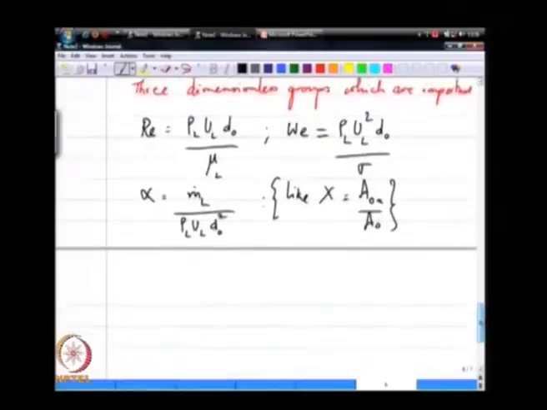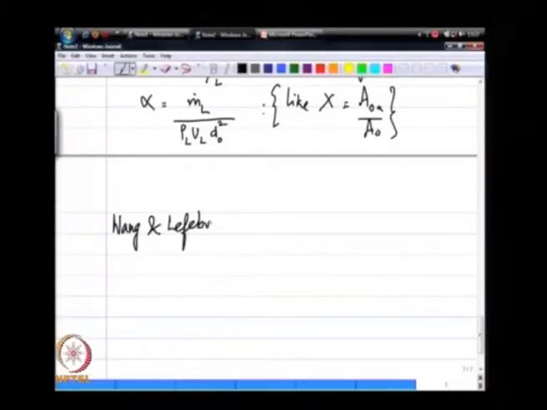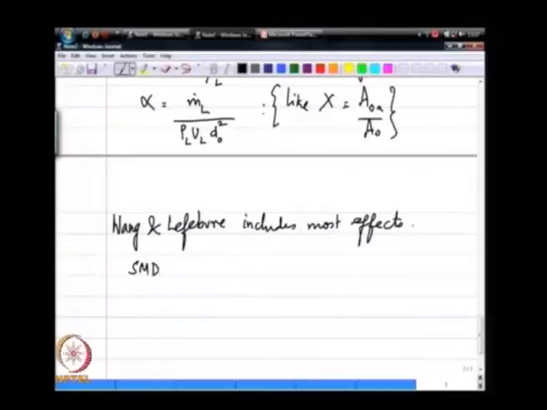Now, if you go back, we can now figure out a way to correlate all of these variables to their respective dimensionless groups, and the one due to Wang and Lefebvre is the most general in this regard, and what that gives us.